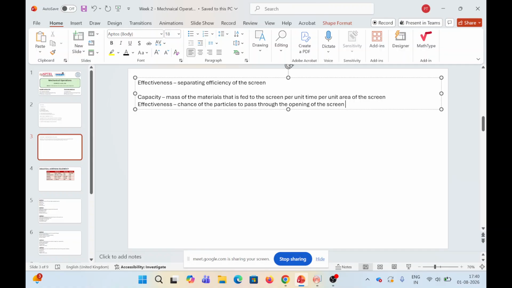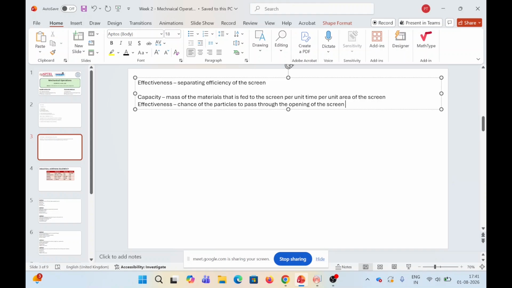They basically tend to clog the screens, because of which the effectiveness reduces. So once you keep increasing the capacity, the effectiveness is going to decrease. Again, it's not going to completely decrease.